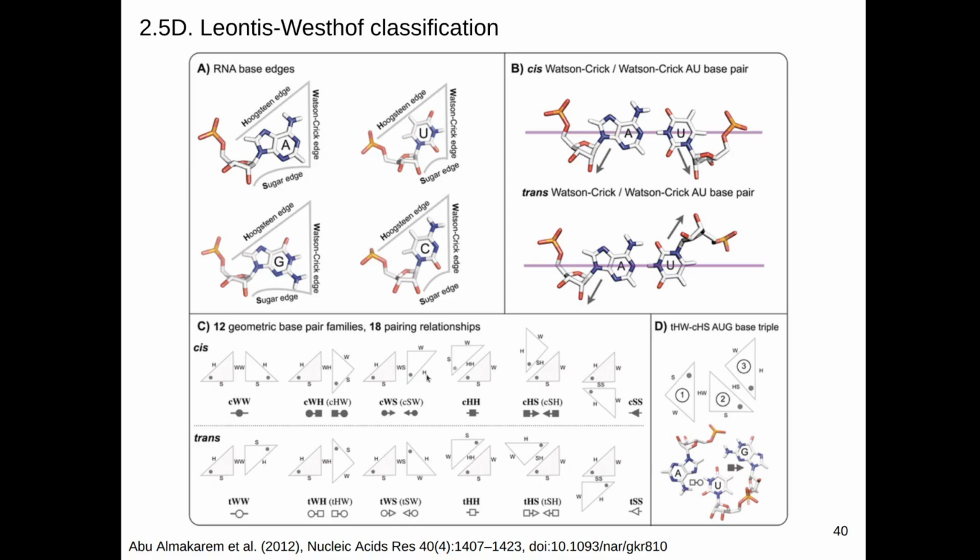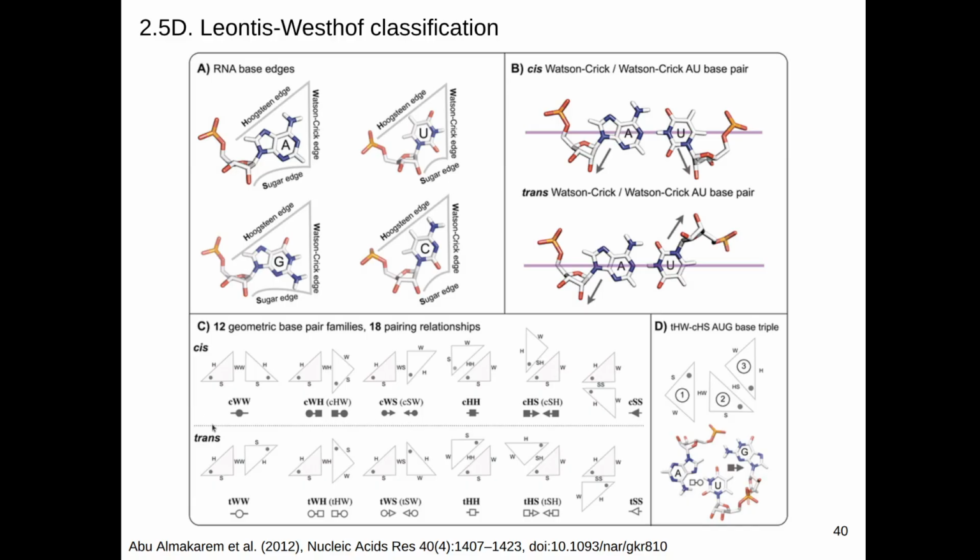So here we have 1, 2, 3, 4, 5, 6, 12 possible families with respect to symmetry. So we have only one TWW and only one TWH here, because HW is included here. As long as we exclude the base types, we actually have 12 geometric families. And once we consider symmetry, we have 18 possible relationships.